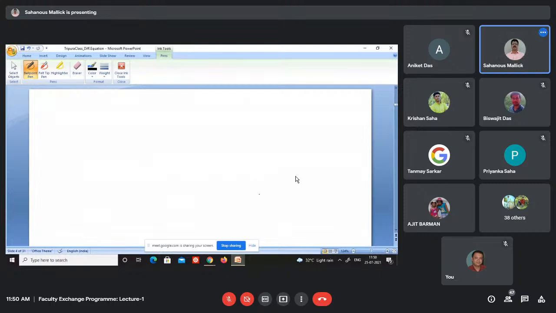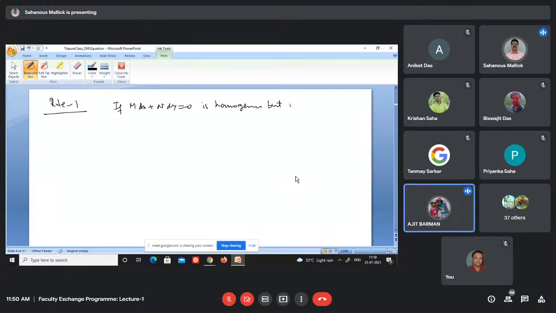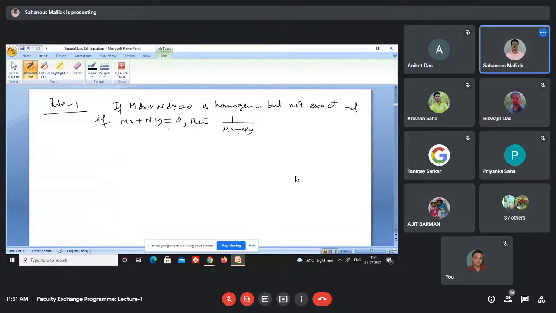Rule 1: If M dx plus N dy equal to 0 is homogeneous but not exact, and if Mx plus Ny not equal to 0, then 1 by (Mx plus Ny) is an integrating factor of M dx plus N dy equal to 0.